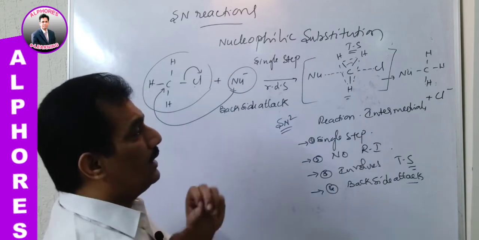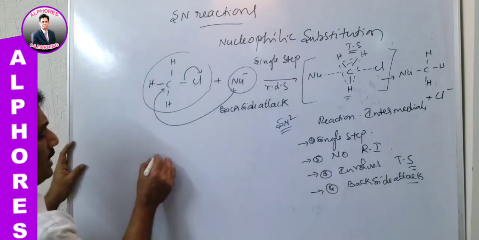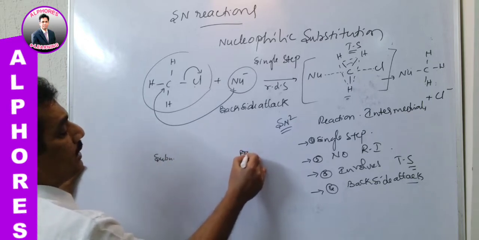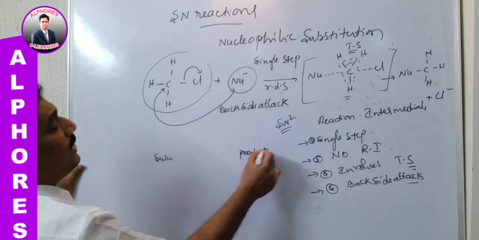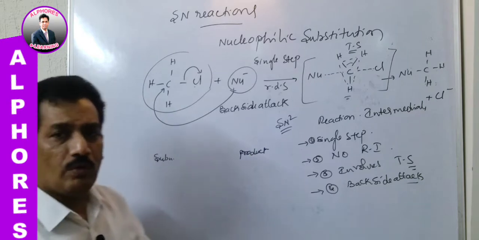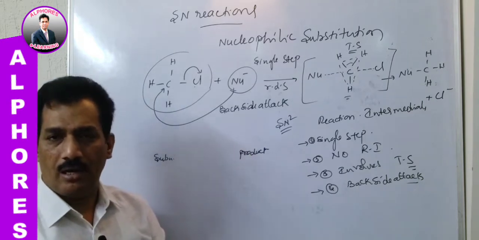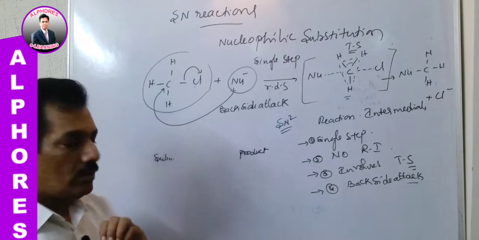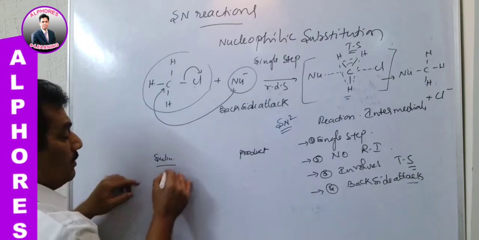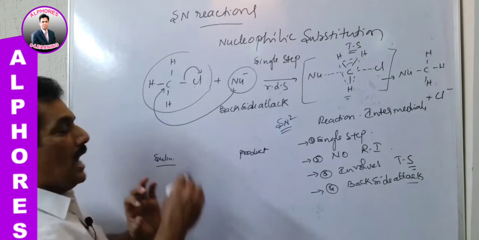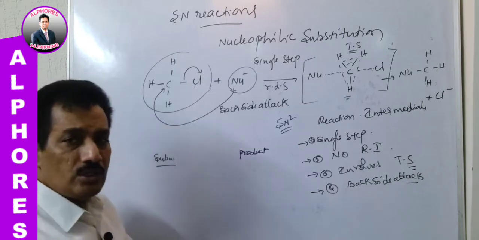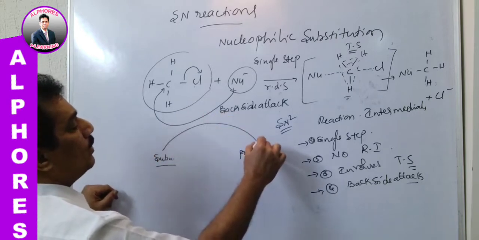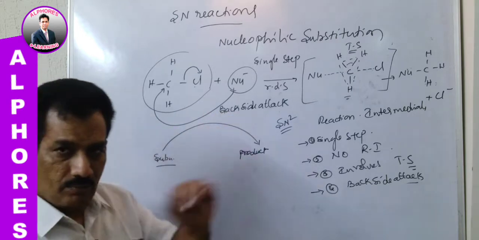Just remember, there is the substrate and there is the product. For your easy understanding, let me give one example from our daily life. If we plan to go to Delhi by flight from Hyderabad, there are different options. One is directly from Hyderabad to Delhi, a direct flight.